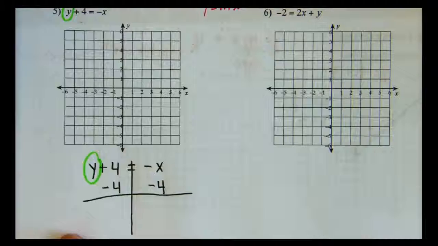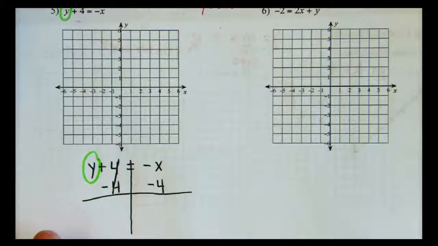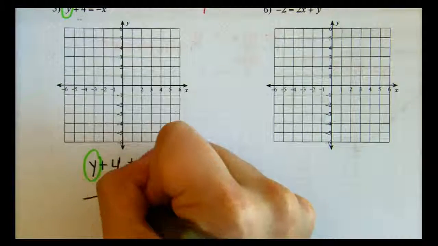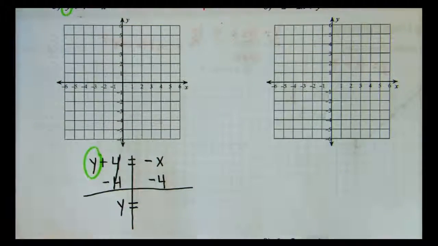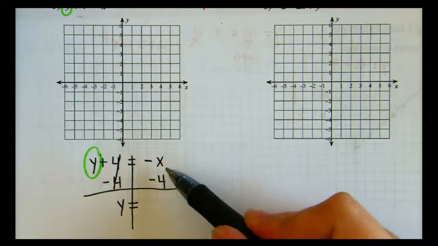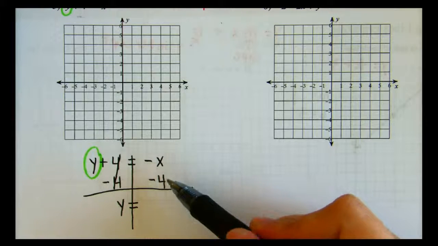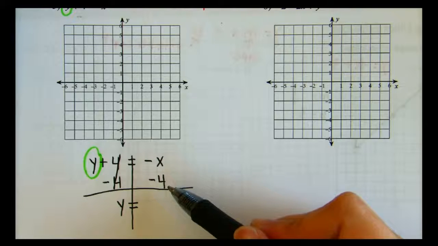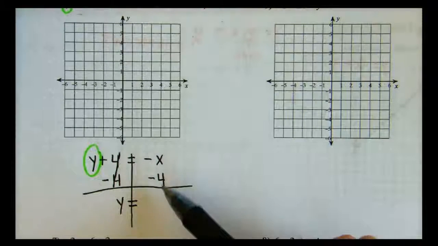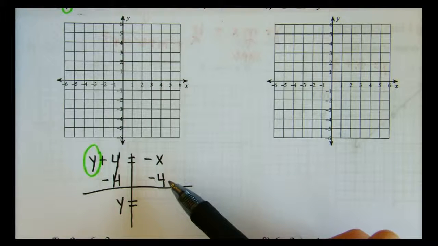So over on this side, my 4's cancel out. I'm just going to be left with y equals. Over on this side, can I combine negative x minus 4, where there's a minus in between? No, because x and 4 are not like terms.